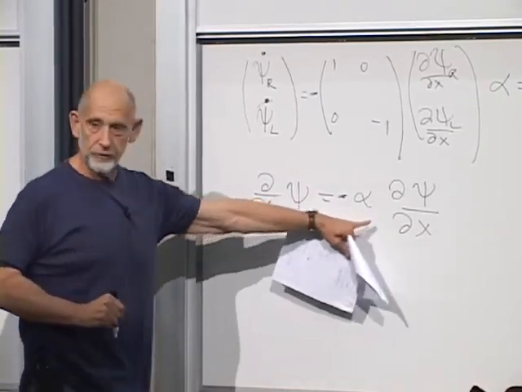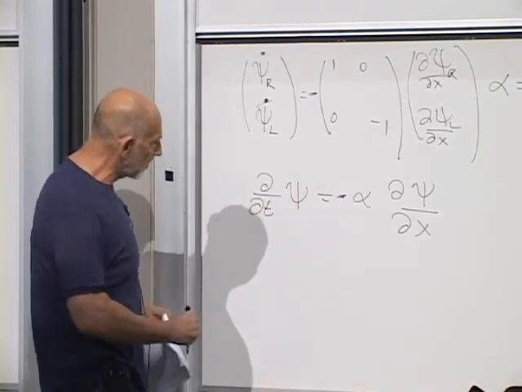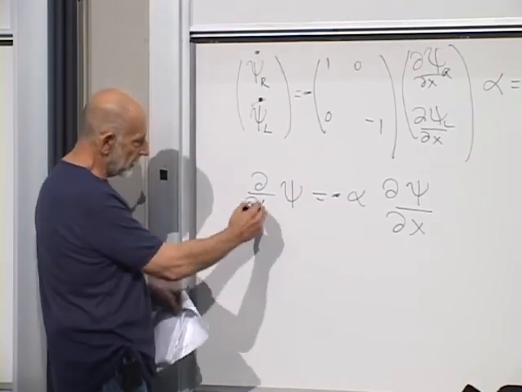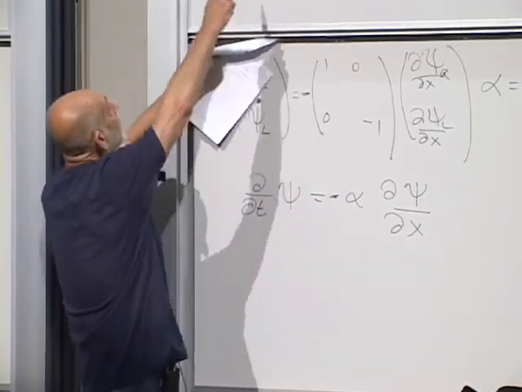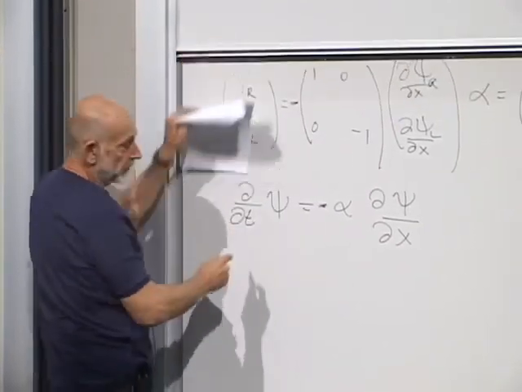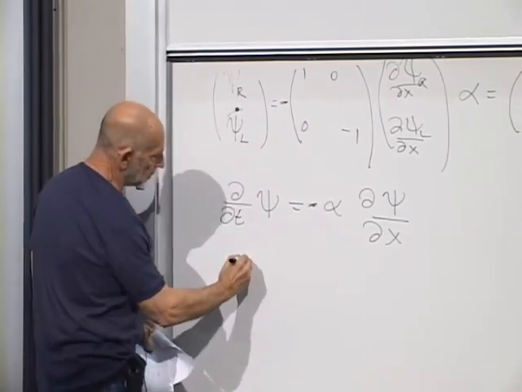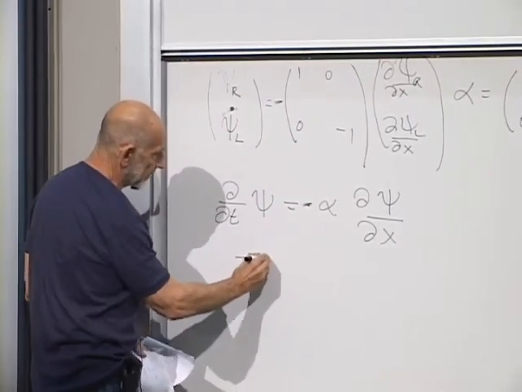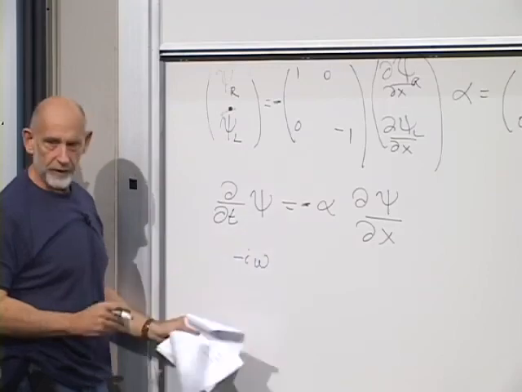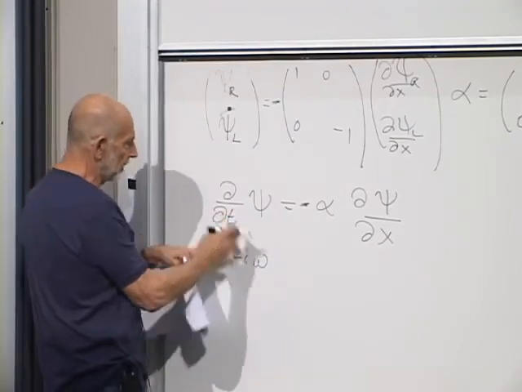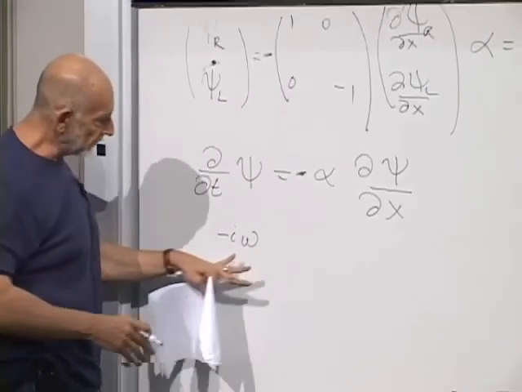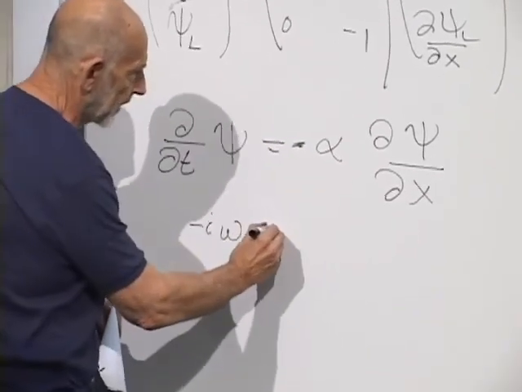Let's rewrite this equation first in a neat form which will be convenient for us. When you take a wave and you hit it with d by dt, what it does is it just gives you a minus i omega. And then we can put psi over here if we like, but let's just remember this just means d by dt on psi gives you a factor of minus i omega.